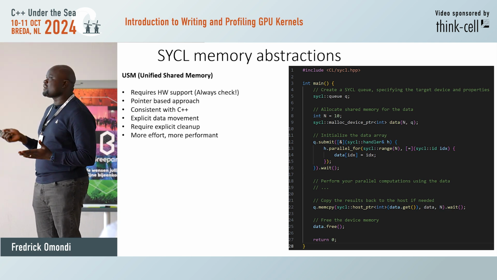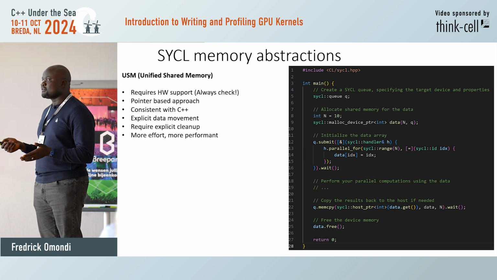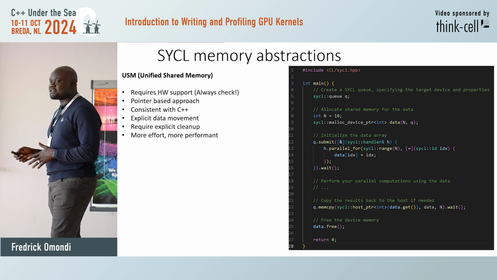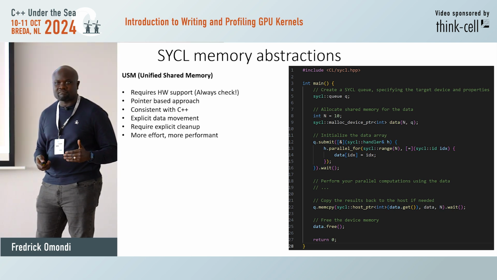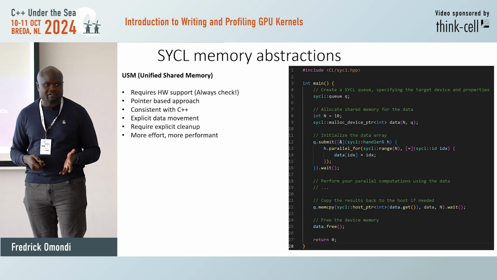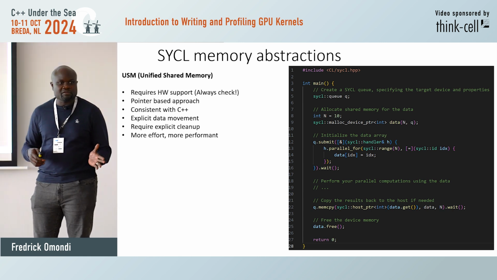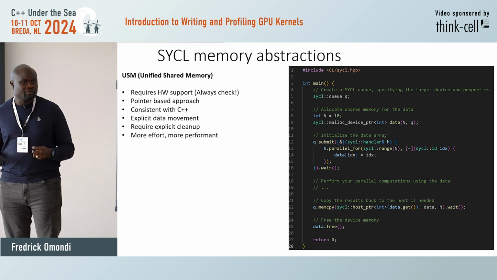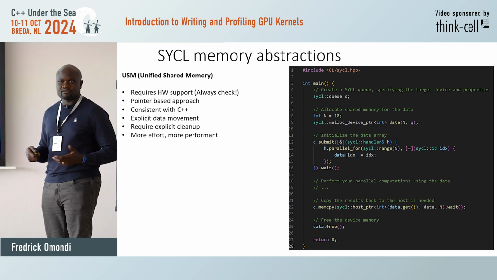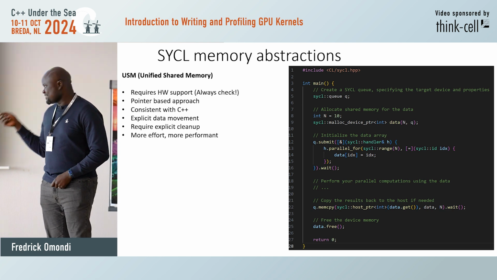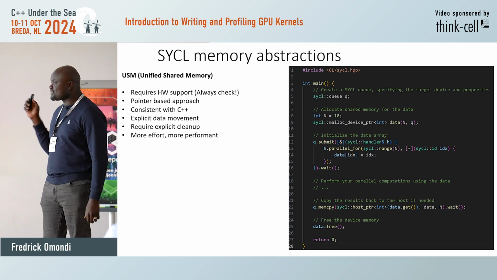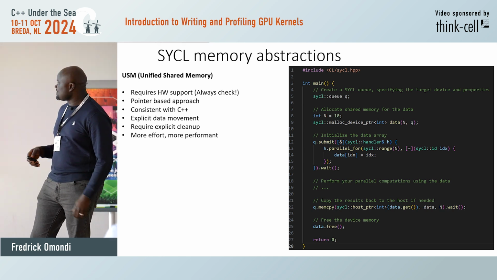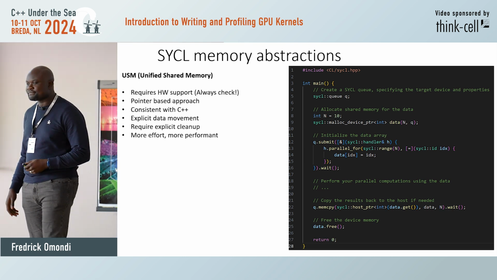This is the data abstraction option that is recommended, especially if you are looking at performance critical kernels. And in most cases, when you are thinking of GPU, you want to maximize your performance. So my personal choice, you don't have to agree with me, is unified shared memory.